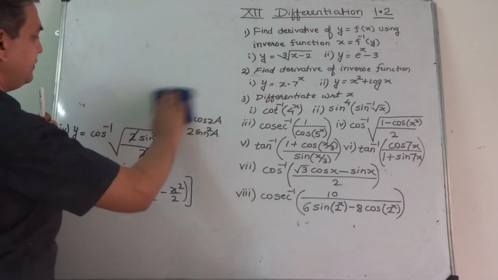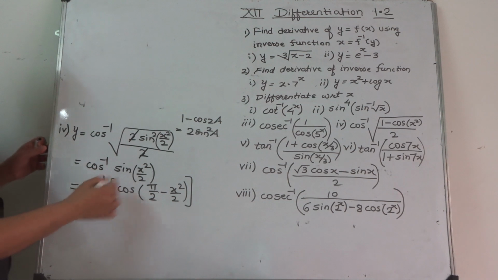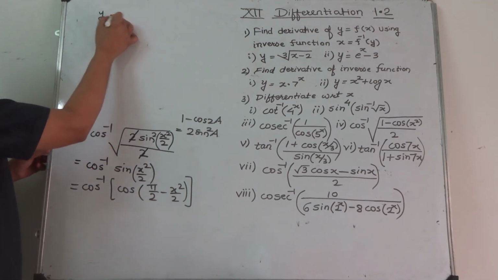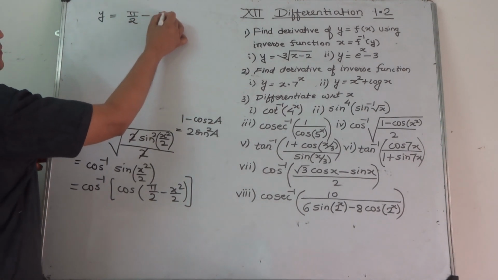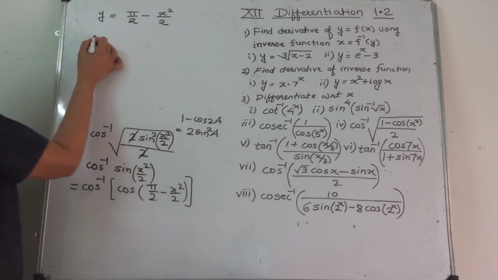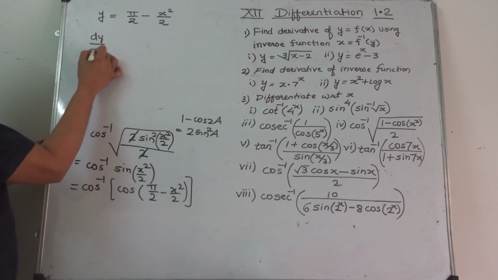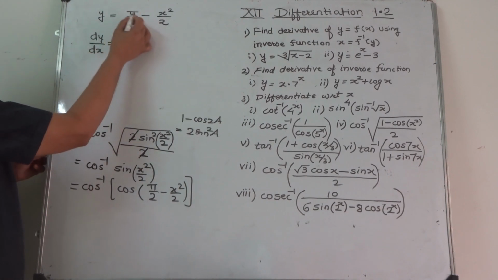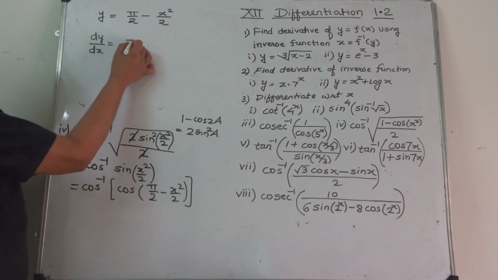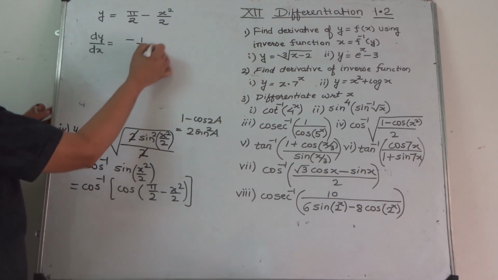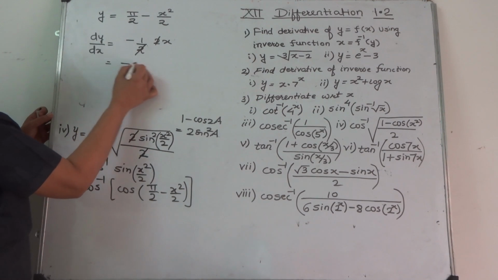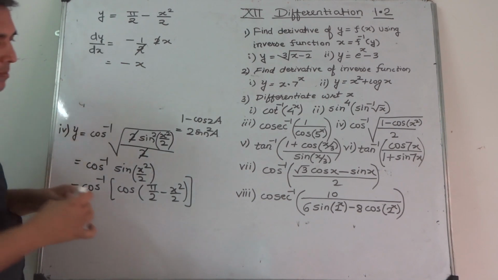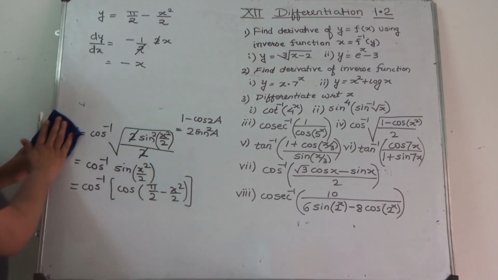See what do we get? Cos inverse cos gets cancelled. So y equal to pi by 2 minus x square by 2. And now the derivative. So dy by dx is constant pi by 2 derivative 0 minus 1 by 2, a constant, and derivative of x square is 2x, 2 gets cancelled, and so the answer is minus x. This is question number 4.